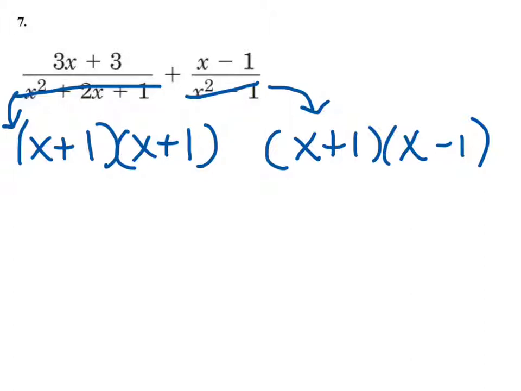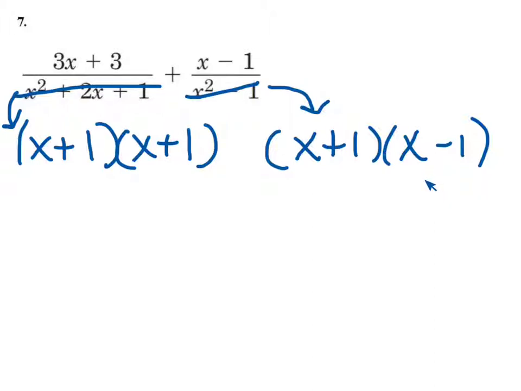Now that we have factored both of our denominators, let's consider what our least common denominator would be. In order to do that with binomial and polynomial denominators, we try to find all of the factors that exist in one denominator that are missing in the other. Since I have two x plus 1 factors over here, but I only have one over here, I know that I need to duplicate an x plus 1 factor in this denominator.